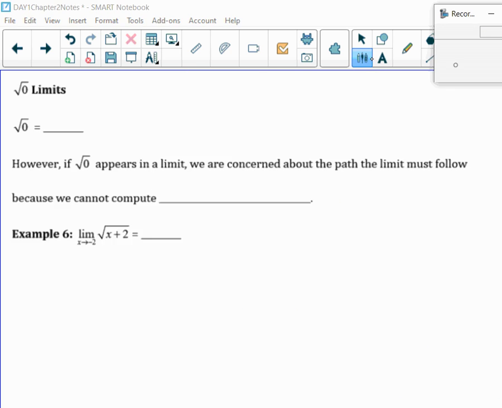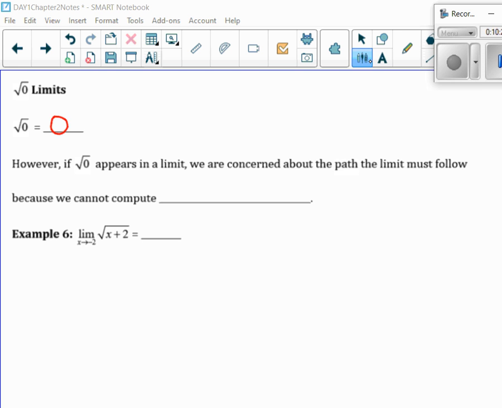So, okay, square root of 0. What is the square root of 0? It's 0. You're absolutely correct. The square root of 0 is 0. However, if it is a plug and chug for limits, you can't say plug it in, get the square root of 0, and say it's 0.